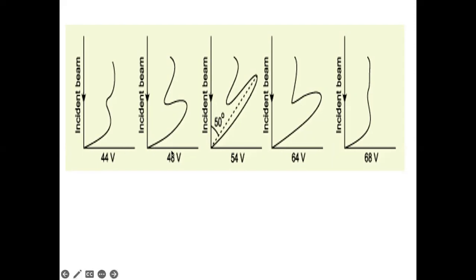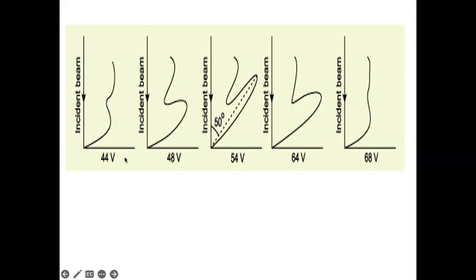Here we plot only a few graphs, at 44 volts, 48 volts, 54 volts, 64 volts and 68 volts. We observe the intensity of the incident beam and scattered beam at different angles, and plot a graph between the intensity of the incident and scattered beam at a particular potential.